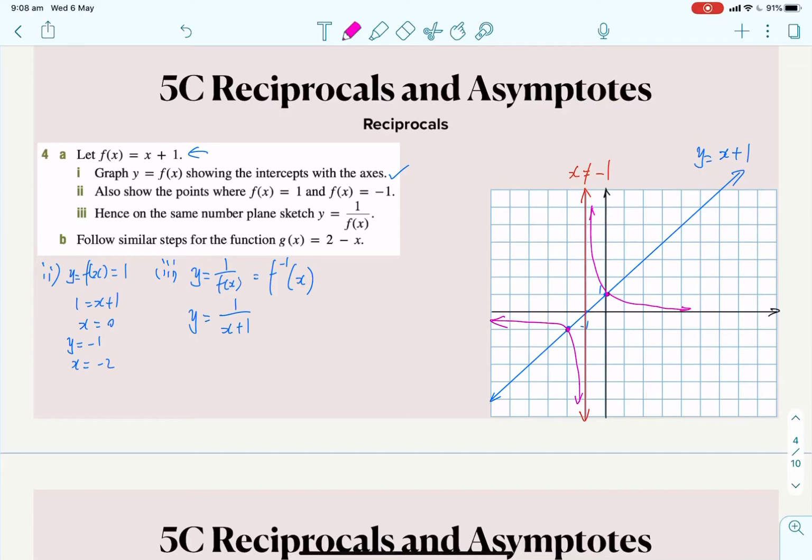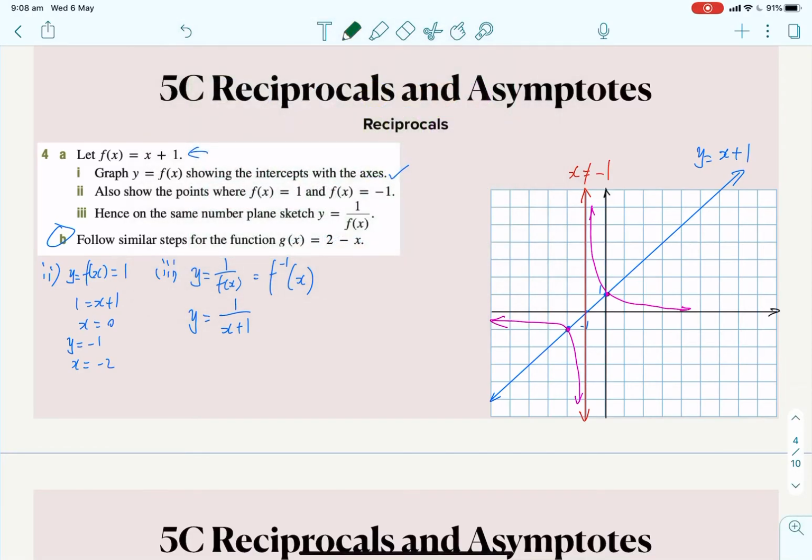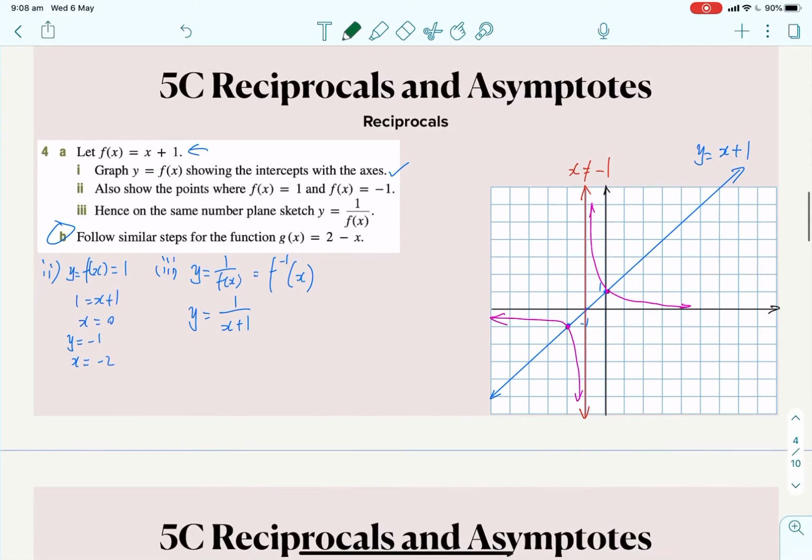For B, I'm going to leave it for you to do as a quick practice, but I can quickly draw it in if you want. I'll use a different color, green, to draw the original line. You can pause this video and draw it yourself first, just to test your understanding. I'm just going to draw it here. When x is 0, y is 2, so this dot.